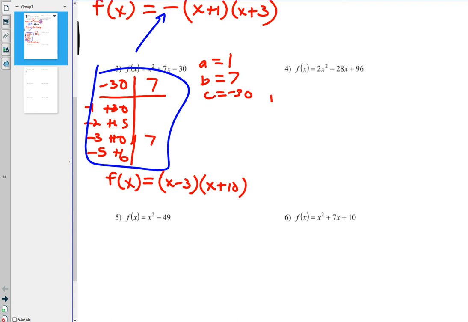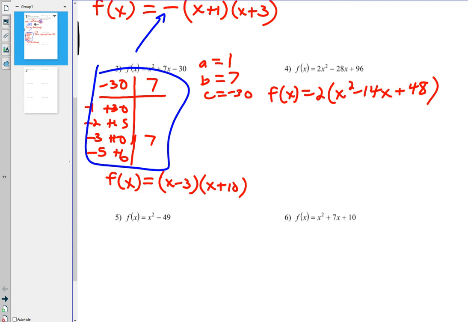So I'm going to factor out a 2 and say f of x is equal to 2 times x squared minus 14x plus 48. Now, the same way the negative stayed in front before, the 2 is going to stay in front. The 2 is not going to do anything else, it's just going to stay in front.